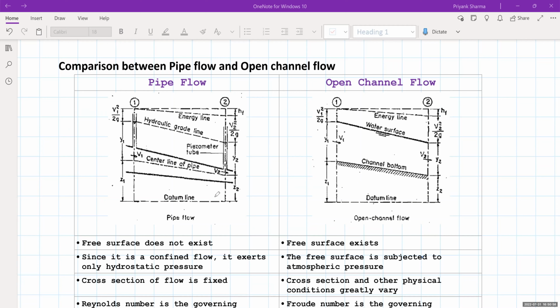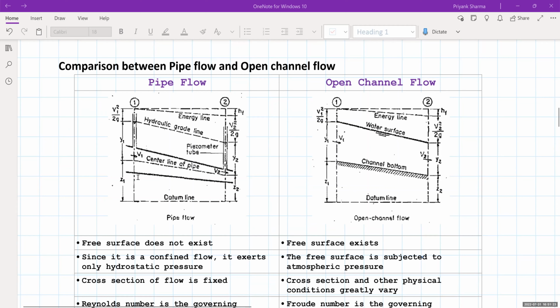So the main differences: in a pipe flow, the free surface does not exist, but in open channel flow the free surface exists. Now the pipe flow, since it is a confined flow, only hydrostatic pressure is exerted, while in case of open channel flow, the free surface is exposed to the atmosphere, hence atmospheric pressure is exerted.